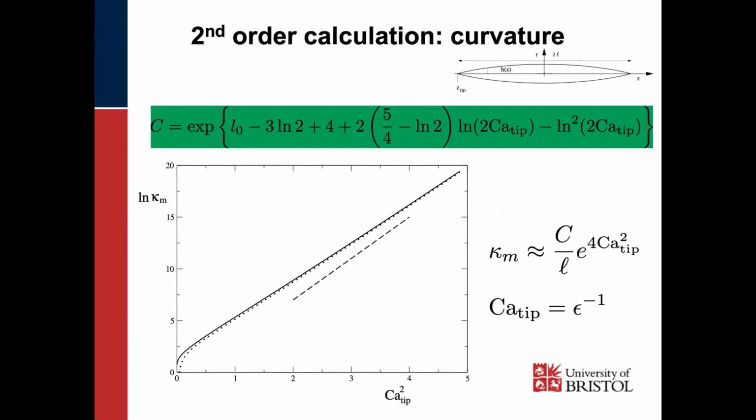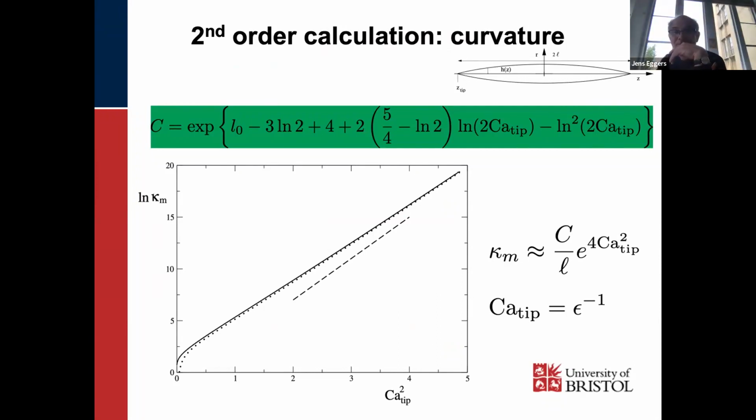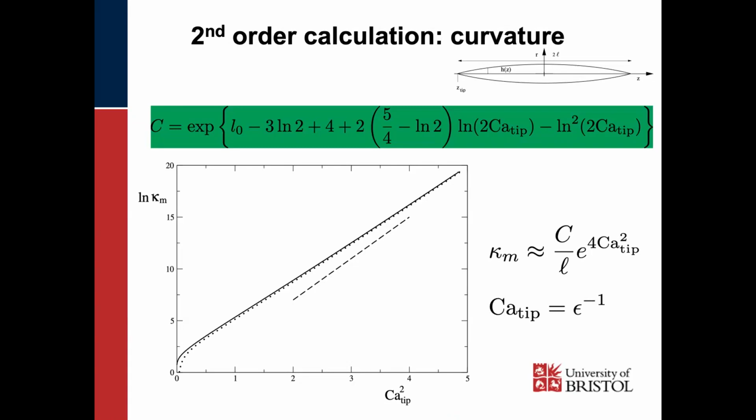In the parameter C that you computed by matching expansions, the parameter C depends itself on the capillary number at the tip, as you pointed out. Can you comment a little bit on this? Because does it kind of match the connection between planar flows and axisymmetric flows, or how would it work in comparison with that?